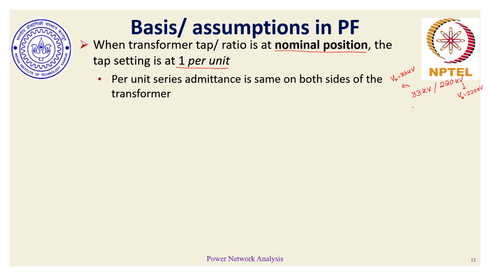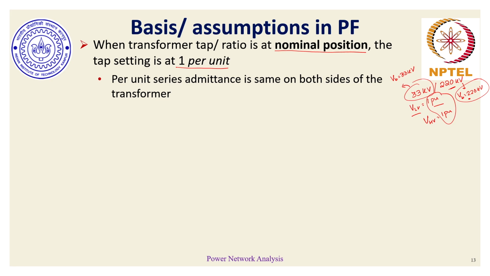If we convert the low voltage into the corresponding per unit, we would have 1 pu. Similarly, V_HV would be 220 by V_B, which is again 1 pu, and if we take this ratio now, the tap ratio turns out to be 1 per unit. So as long as the tap ratio is equal to 1 per unit, which is based on the voltage settings chosen as basis for a given transformer, no special consideration is needed.